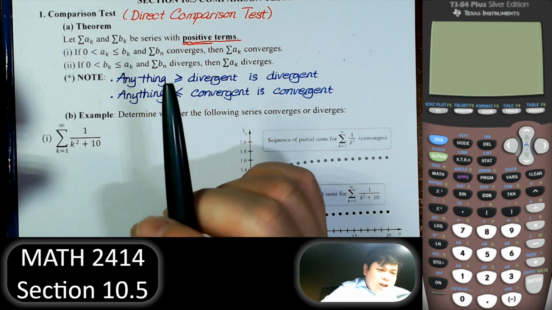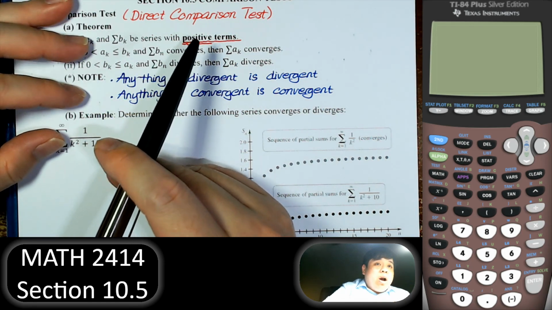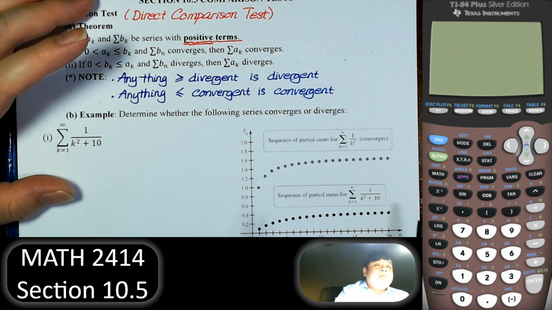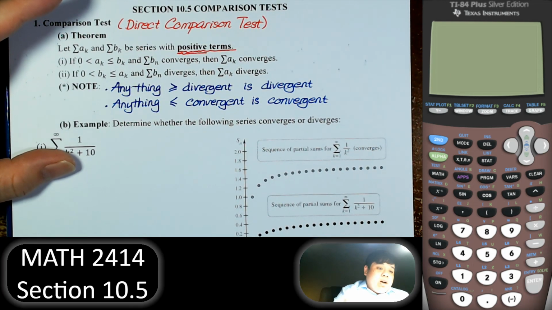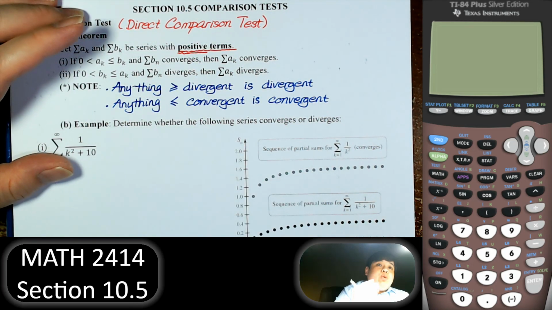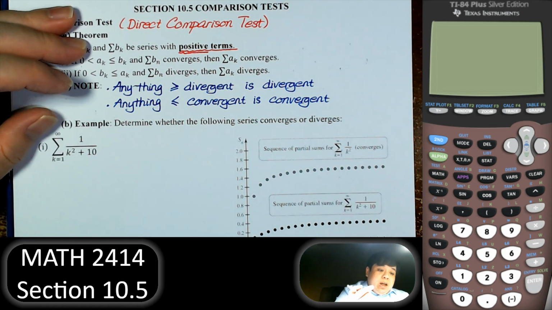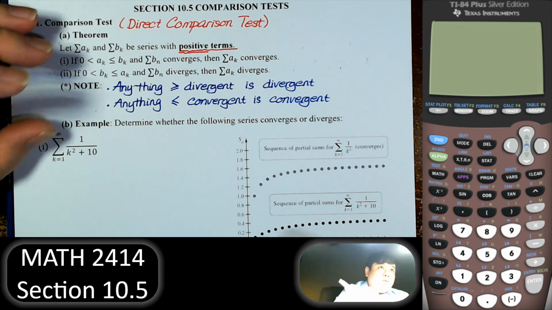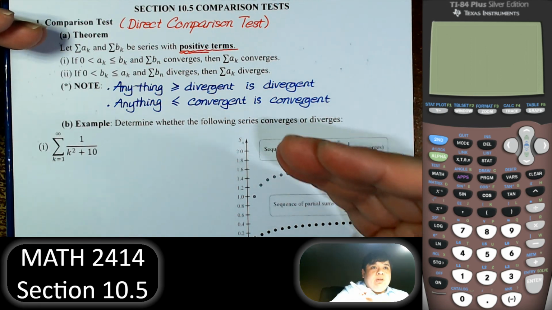This test is one of the most elegant tests out of all those tests, and also one of the least practical ones, because the direct comparison test, we usually use when we already know the answer. We already know if this series is convergent or divergent, and then we use this test just to show that it actually is convergent or divergent.